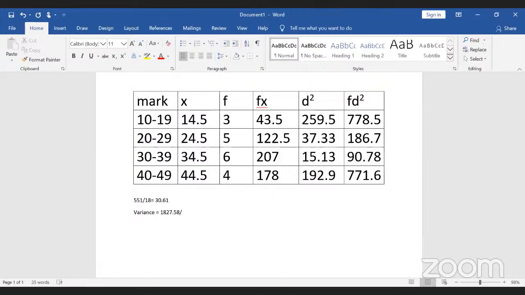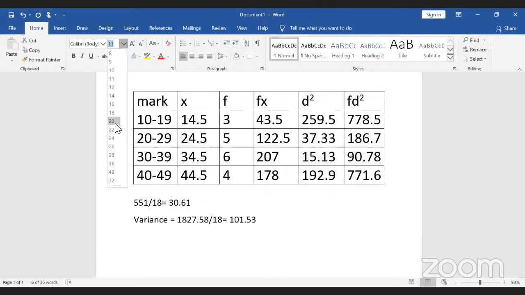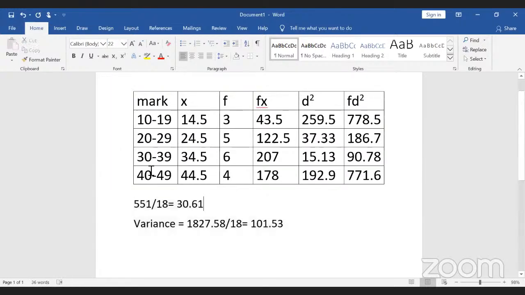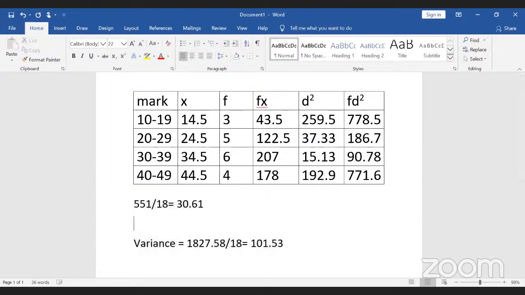Our n is 18, sigma F. So what do we get as a quotient? 101.53. Somebody to confirm that that is what they are getting? Yes. Okay. Now that will be the variance for that grouped data.